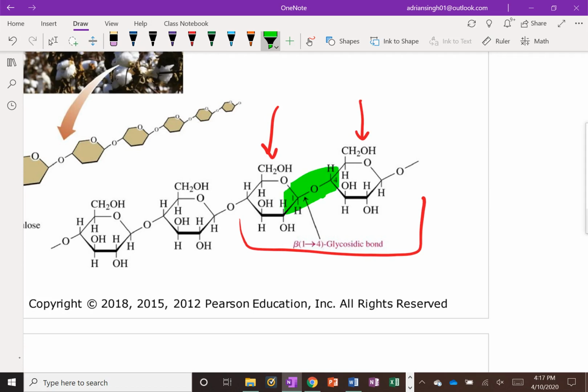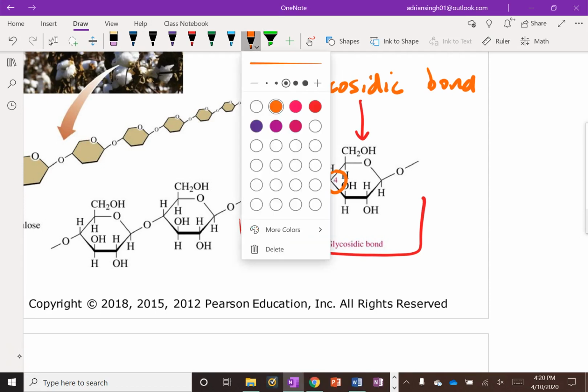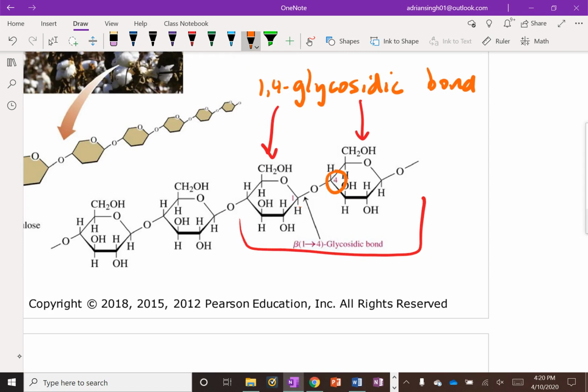All right, so again, it's connecting carbon 1 to carbon 4, so it's a 1,4-glycosidic bond. But if you notice closely now on carbon 1, so if you take a look at the OH that was connected to carbon 1, right here you can see that OH is actually pointing upwards that way, and that makes it the beta isomer, right?